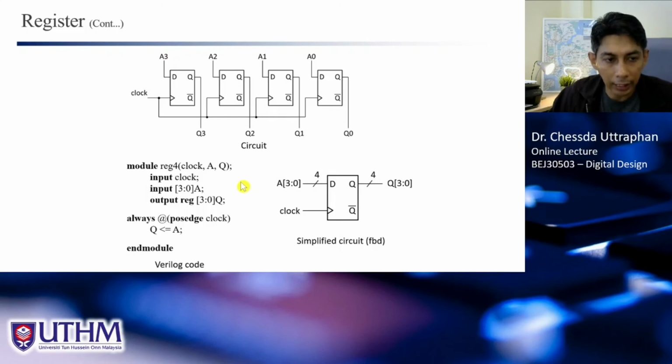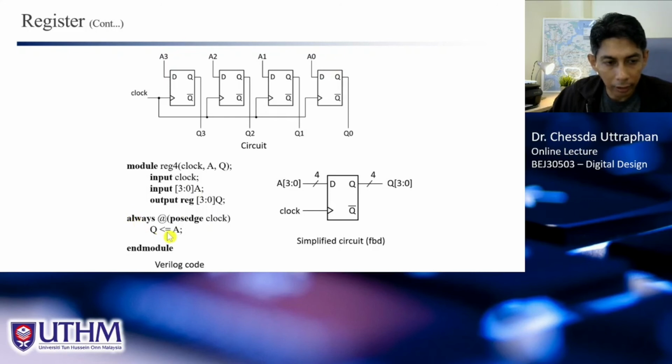So for example, in this case to create a 4-bit register, we have A to be 4-bit, which is 3 to 0. And the output, of course, is now 4-bit, Q3 to Q0, A3 to A0. And look at this.